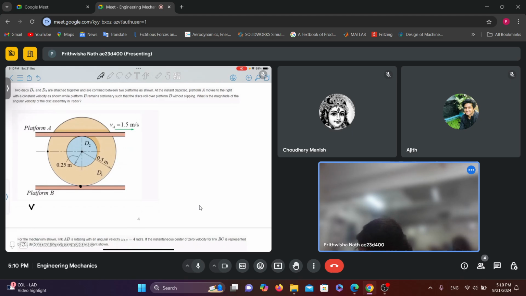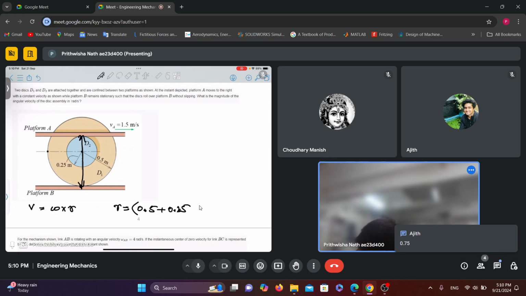V equals omega into r, right? So what is this distance? This is R, right? So R is 0.5 plus 0.25, right? So this is equal to 0.75, right?